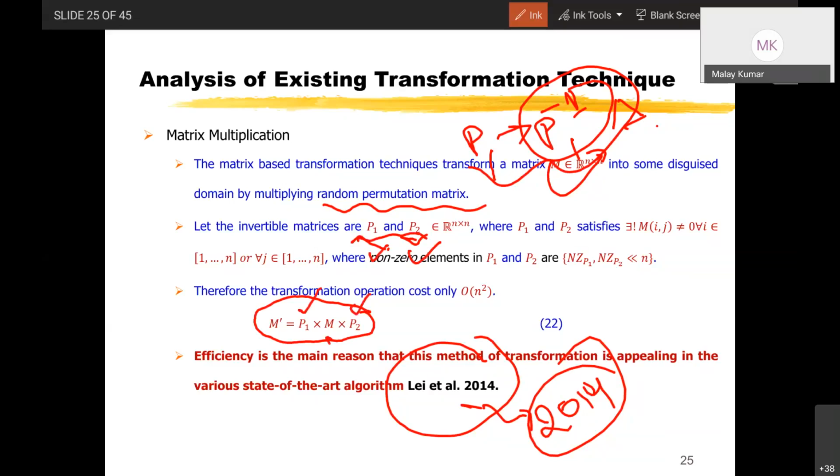This is called transformation, when such kind of randomization is performed. So what will such multiplication do?